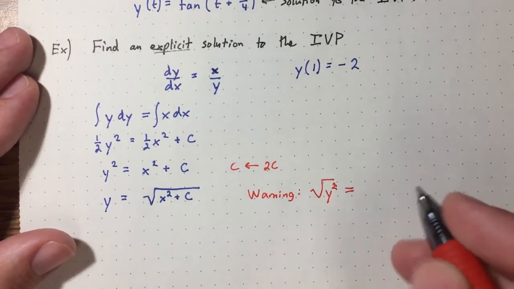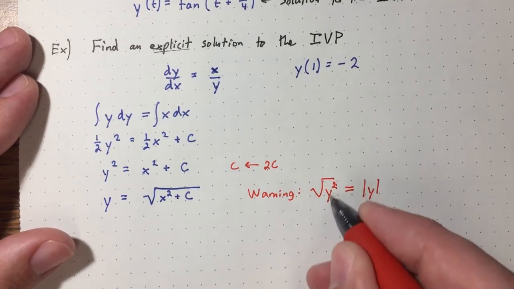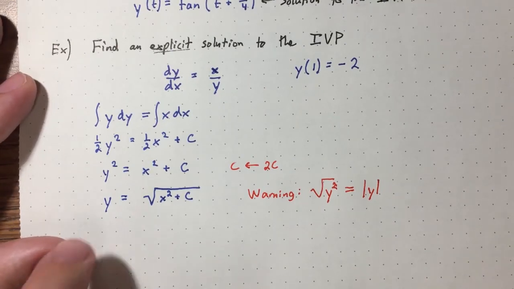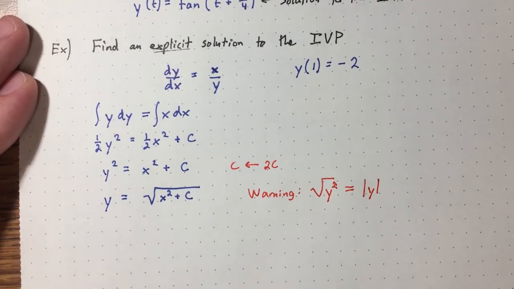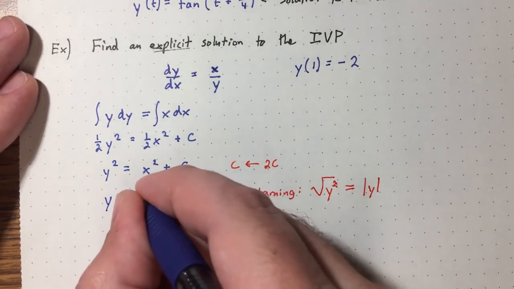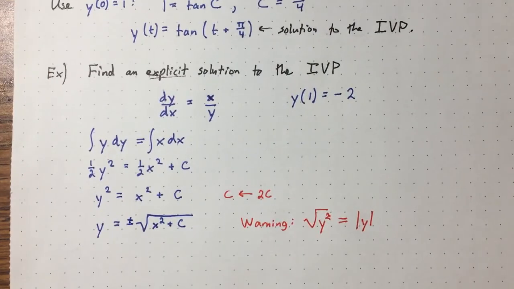So the square root of y squared is actually equal to the absolute value of y, because this y could have originally been negative. And so we actually have an absolute value of y over here. But remember how we deal with absolute values. You can get rid of the absolute value, but then we have to introduce a plus minus sign. So y is actually either plus or minus square root of x squared plus c. c is our arbitrary constant.